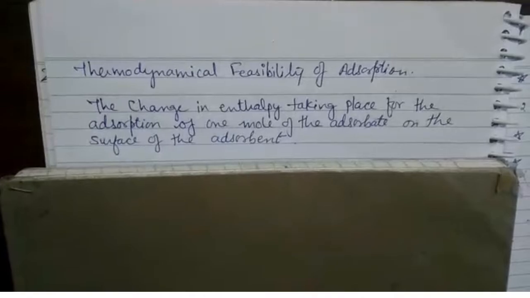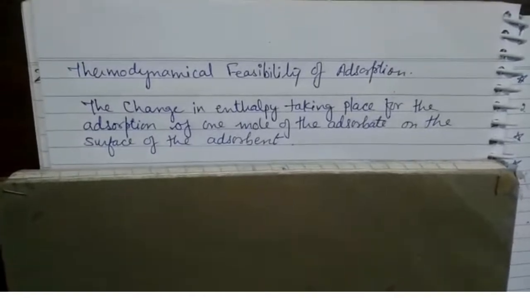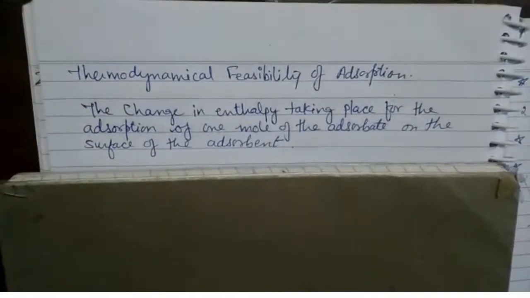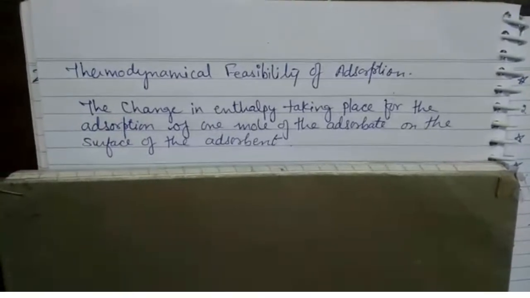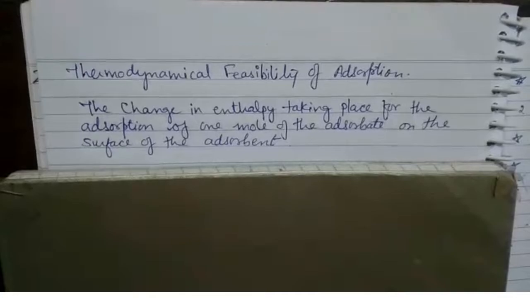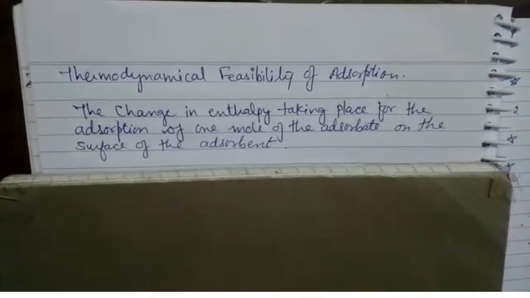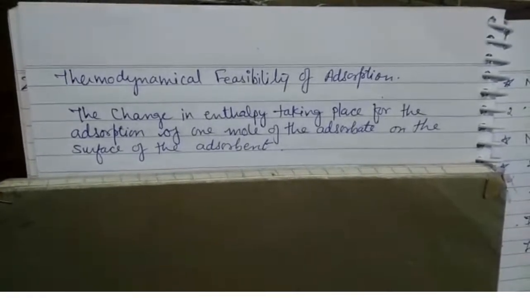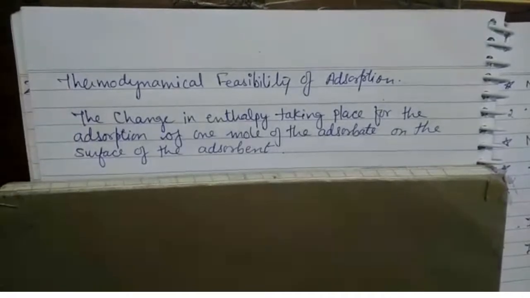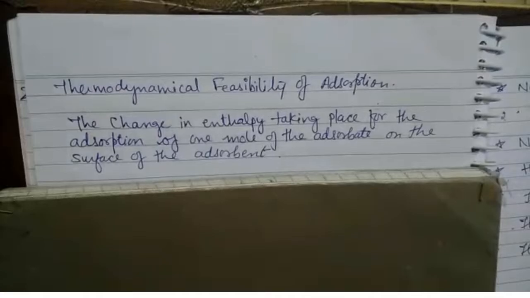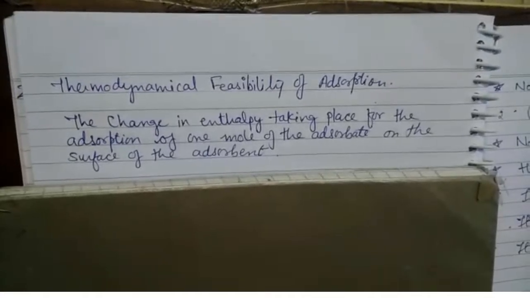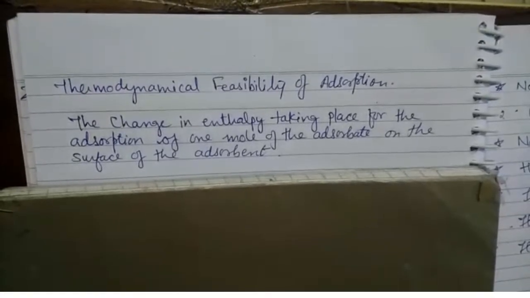Thermodynamical feasibility of adsorption. This means the change in enthalpy taking place for the adsorption of 1 mole of the adsorbate on the surface of the adsorbent. When 1 mole of adsorbate is added on the surface of the adsorbent, some enthalpy is changed, some heat is released during this process, and this change in enthalpy is known as thermodynamic feasibility of adsorption.